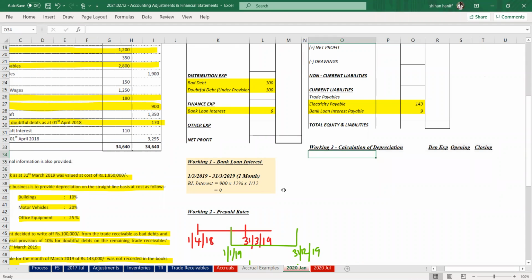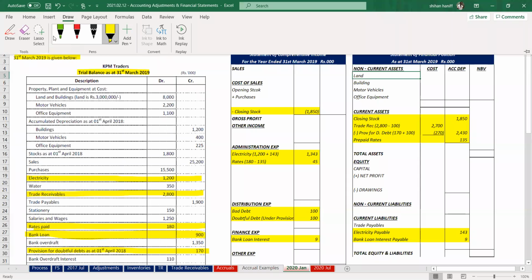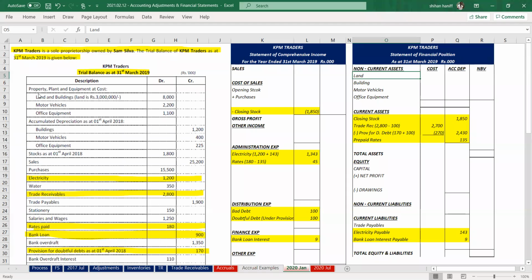There are 4 non-current assets: land and building, total 8,000, land is 3,000. Motor vehicle 2,200, office equipment 1,100.